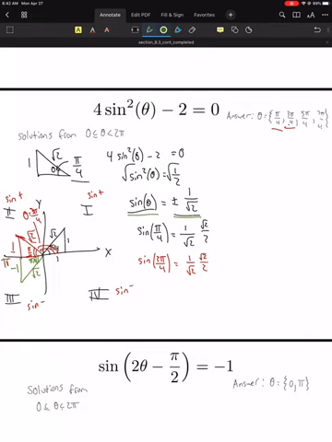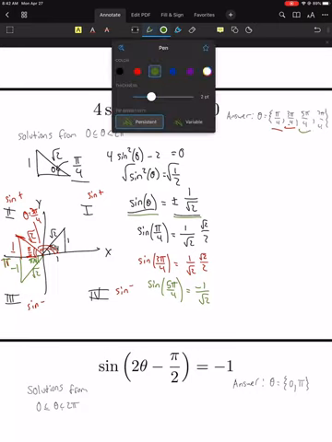How far is it from pi to pi plus pi over 4? That's going to be 5 pi over 4. 5 pi over 4 is equal to -1 over the square root of 2. So there's the third solution.